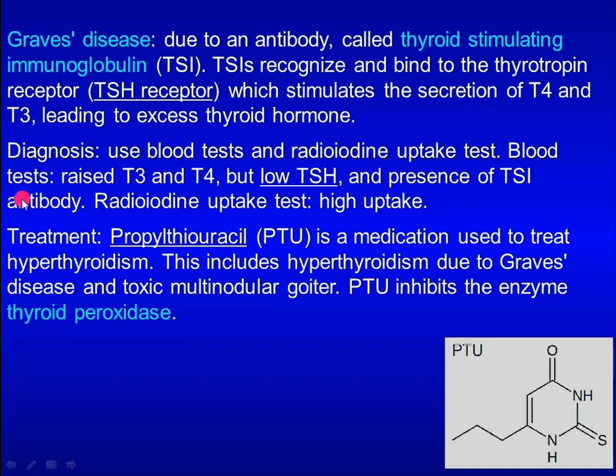Raised T3 and T4 levels but low TSH and presence of TSI antibody support Graves' disease. High uptake of radioiodine confirms the diagnosis. For treatment, use propylthiouracil or PTU. PTU inhibits the enzyme thyroid peroxidase.